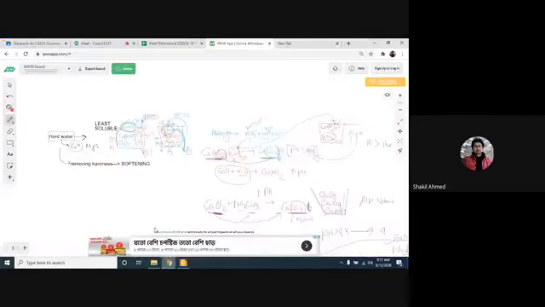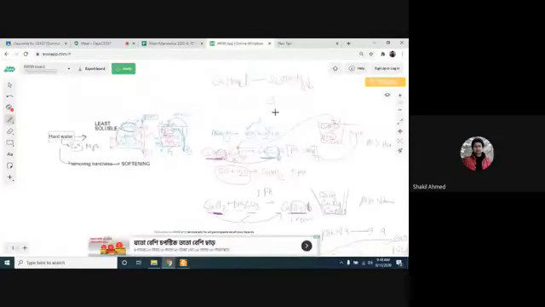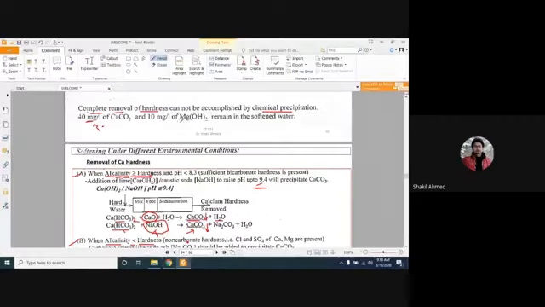If your calcium hardness is 200 milligram per liter, then you can reduce it to maybe 20 or 40 milligram per liter, but not below that. Basically, you cannot make it 5 or 10, you can make it around 40. And for magnesium it's 10.